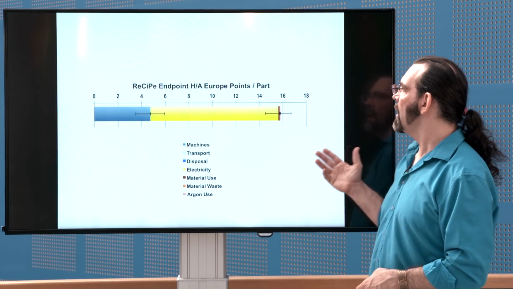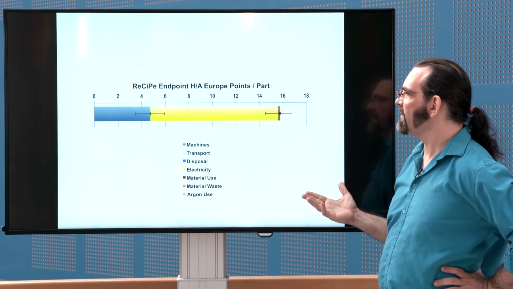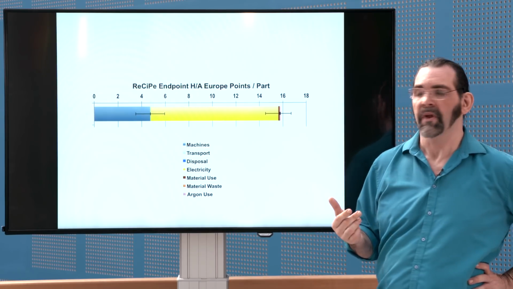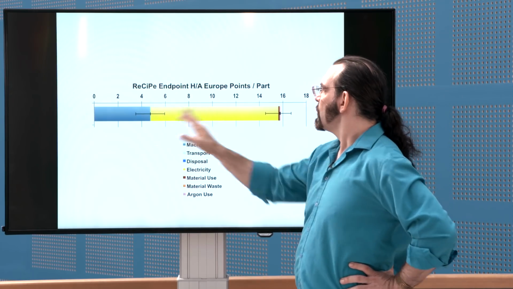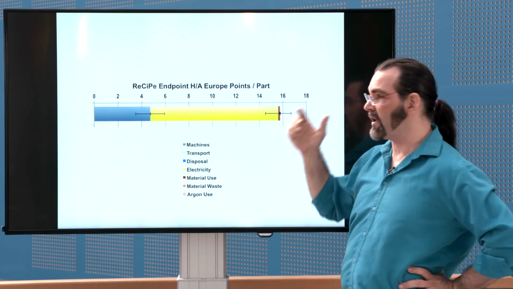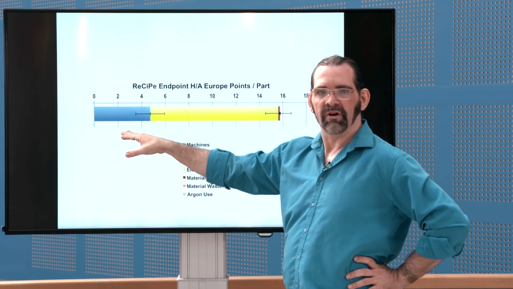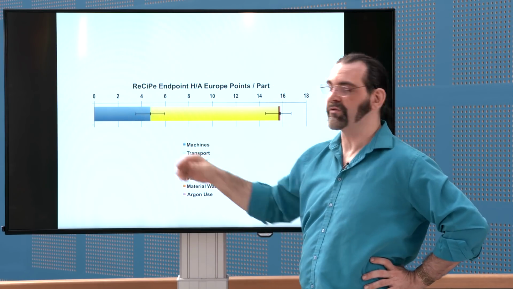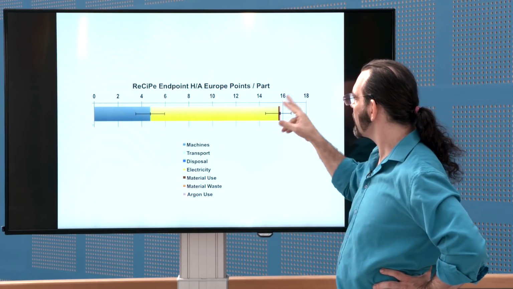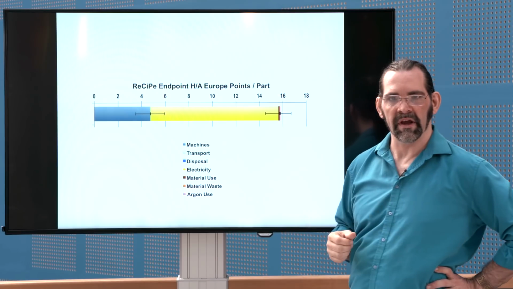You can see a graph like this. This was, again, an LCA that I did of a 3D printer. And you can say, okay, so energy use was the biggest environmental impact here, and then the production of the machine itself was also significant. The materials used in the actual 3D printing were not significant.